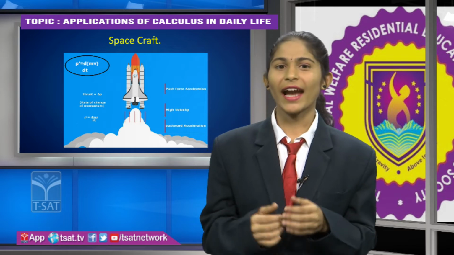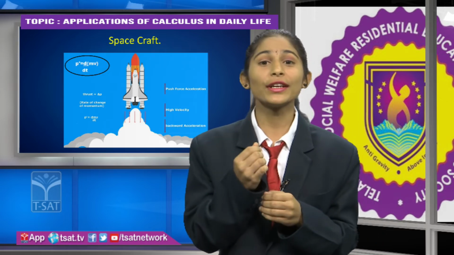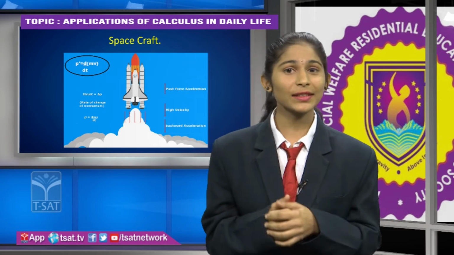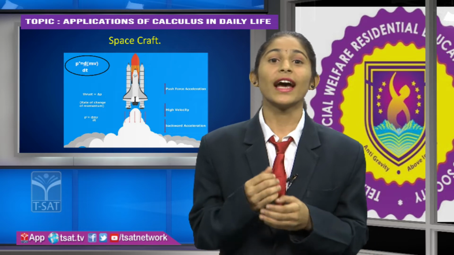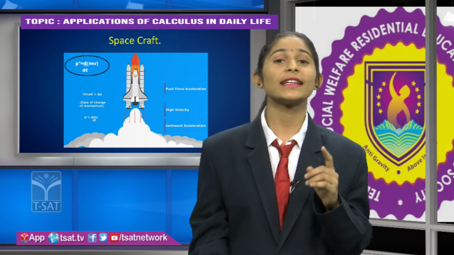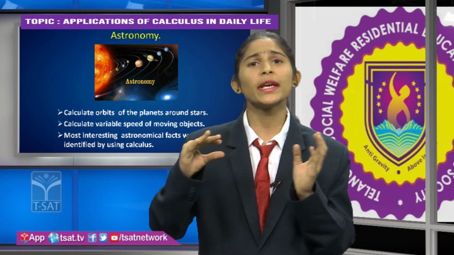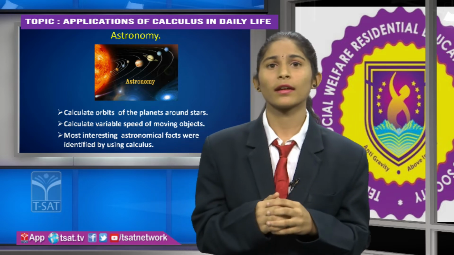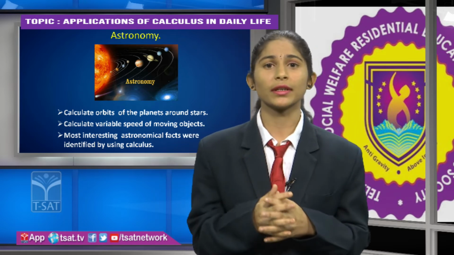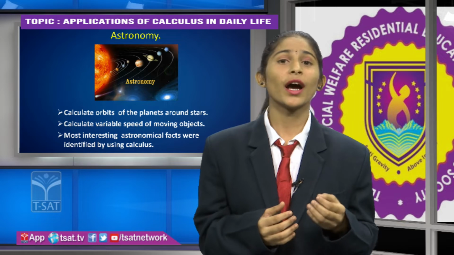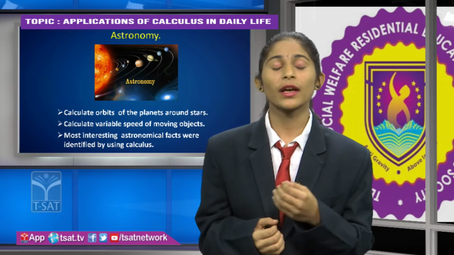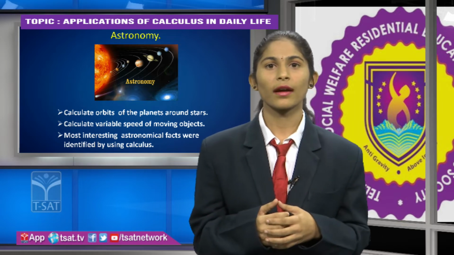Can you guess? And next, in which field am I going to tell you the application of calculus? That is space, that is astronomy. Calculus has been used in astronomy since the 17th century to calculate the orbits of the planets around the stars.